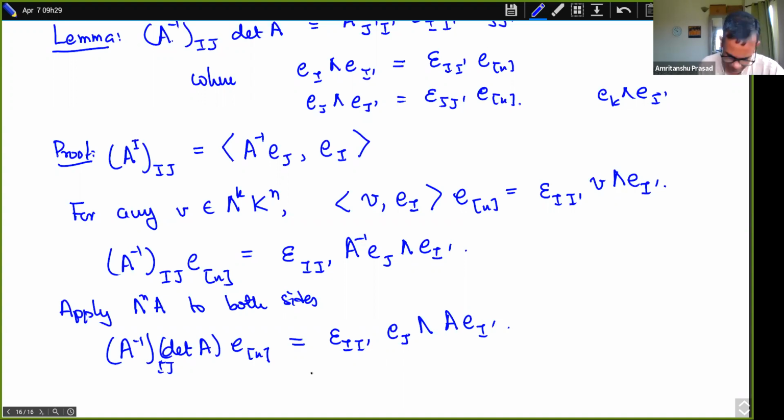And that's just epsilon I prime, epsilon J prime. And this is just by using the same formula again, this is going to be the coefficient of Ej prime in the expansion of A Ei prime times En.